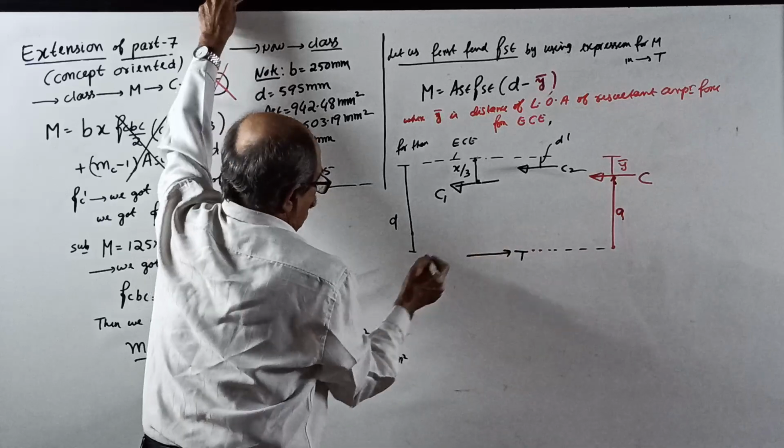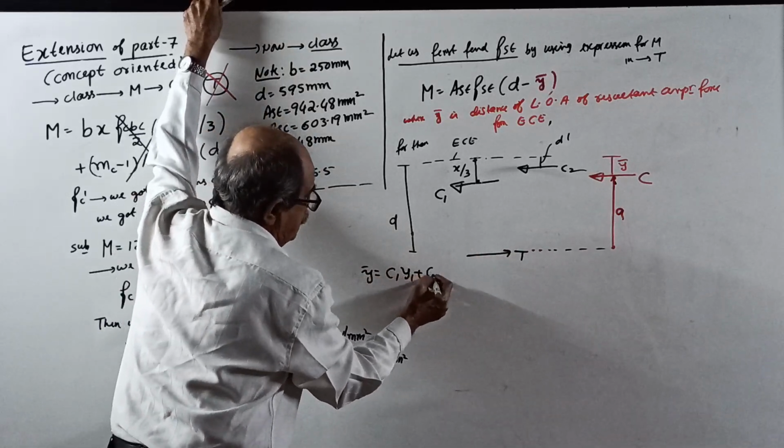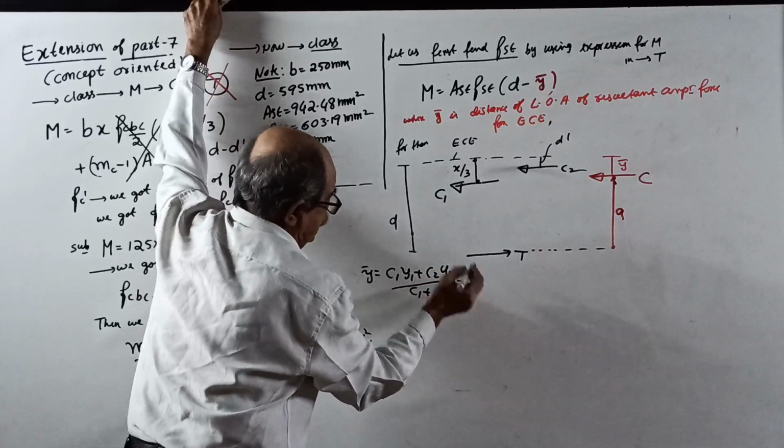Y bar equals C1 y1 plus C2 y2 divided by C1 plus C2.